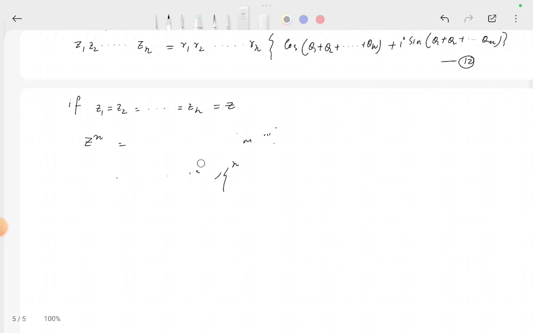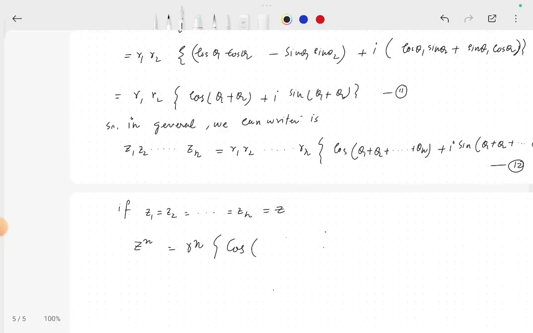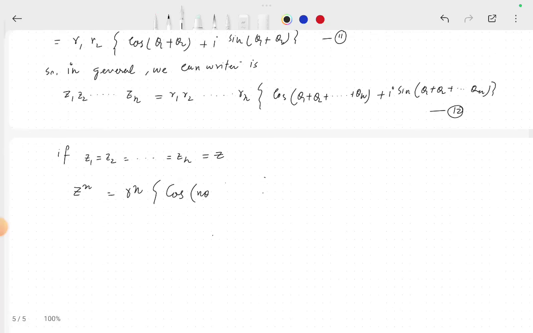If z1, z2, all the complex numbers are equal, then theta 1 equals theta 2 equals theta, so it is r to the power n, cos n theta plus i sin n theta. So z to the power n is nothing but r to the power n, cos n theta plus i sin n theta.